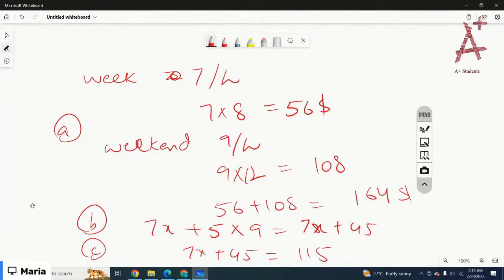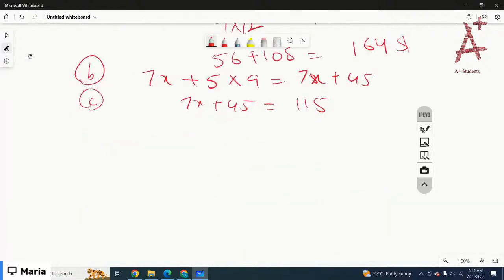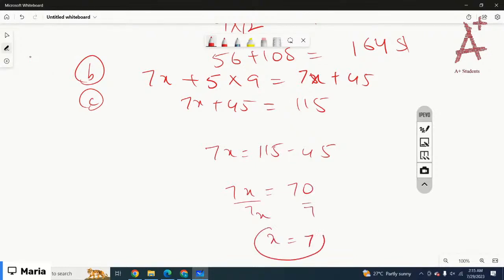Got it? So it would be 7x equals 115 minus 45. That would be 7x equals 70. So just divide both sides by 7. So it would be x equals 10. That means he needs to work 10 hours per week. Got it? 7 times 10 is 70. Got it?